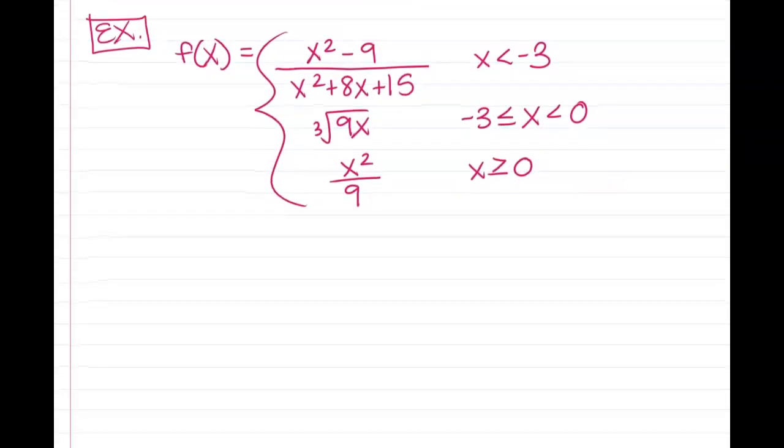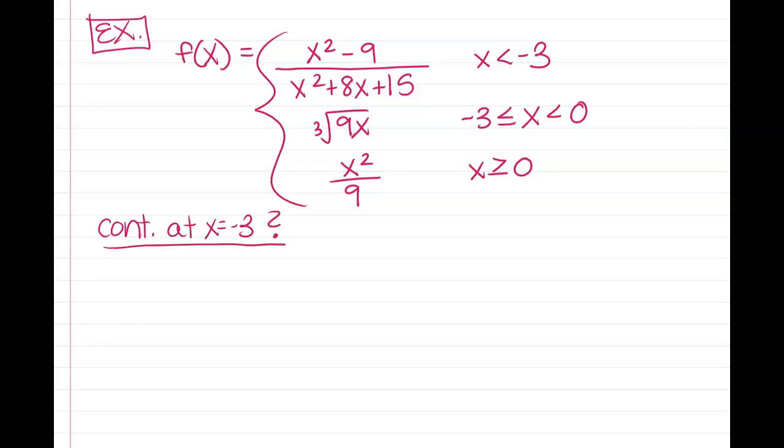So we will check continuity at negative 3 and 0. Let's do negative 3 first. So, continuous at x equals negative 3?